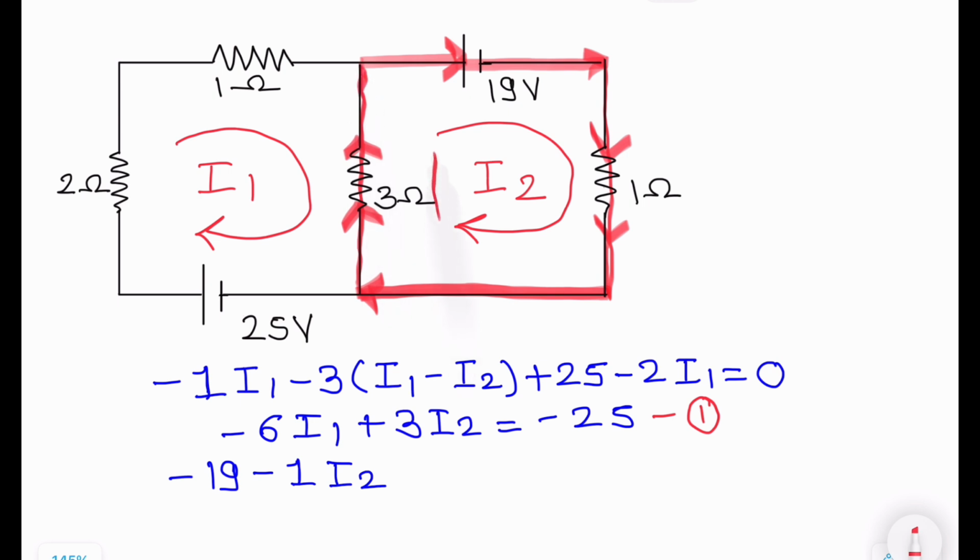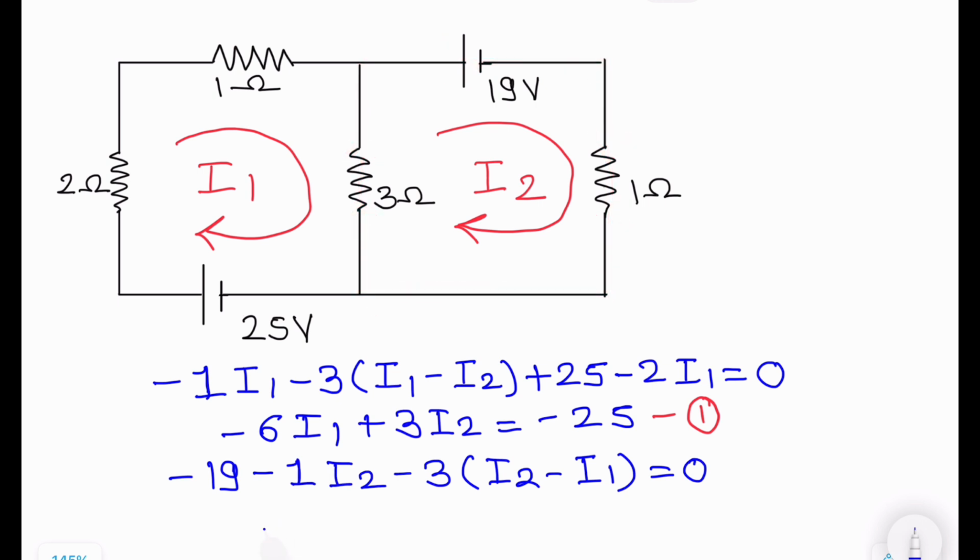Because I2 is flowing like this and I1 is flowing like this. So now I2 is in the direction of travel. I2 is in the same direction as your travel. So this will become minus 3 (I2 minus I1) is equal to 0.